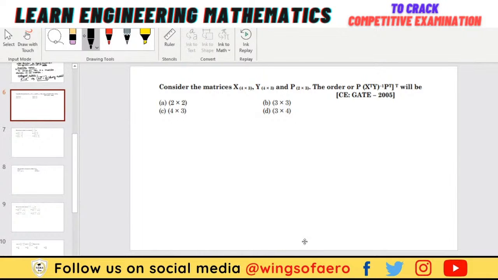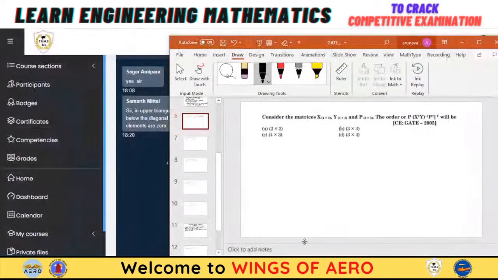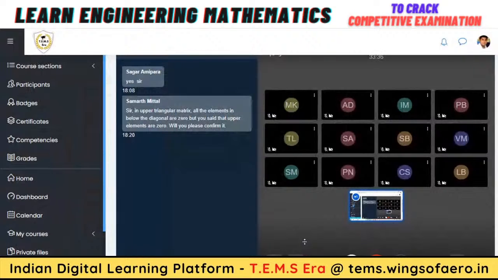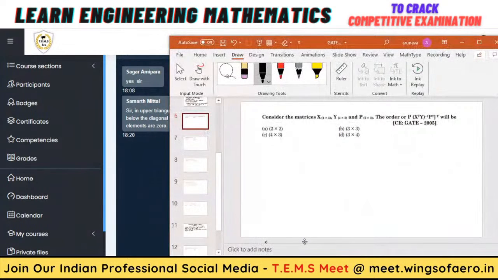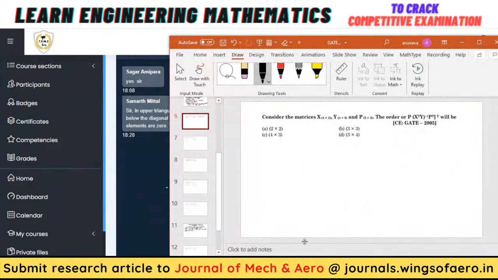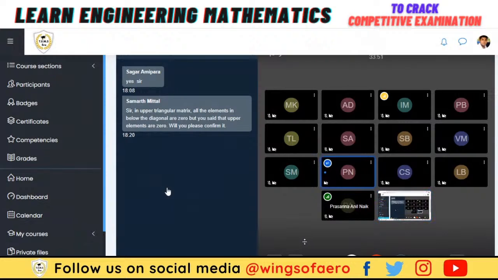I already considered that you know it, because if you do not know matrix multiplication, you will have difficulty solving this problem. So does everyone know what matrix multiplication is?